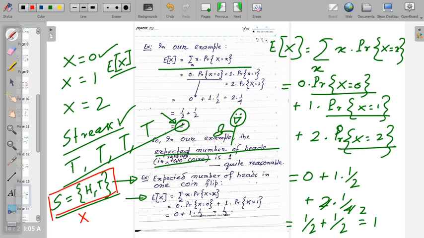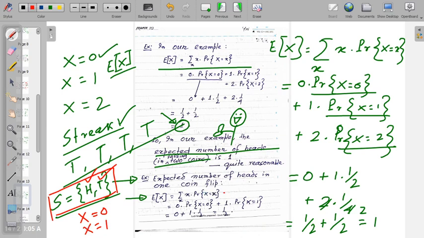If I flip one coin, what will be the value of x? 0 means tail has come out, and 1 means head has come out. So the random variable can take two values, 0 and 1.